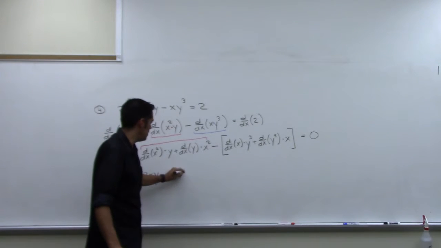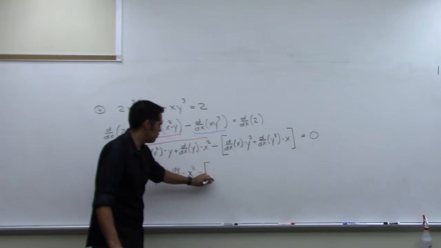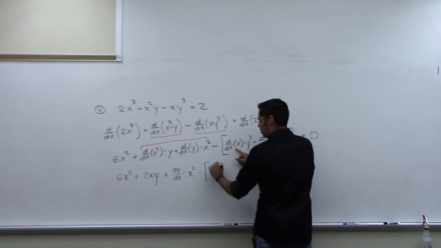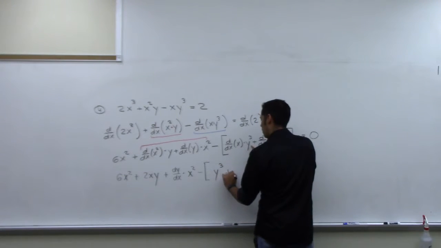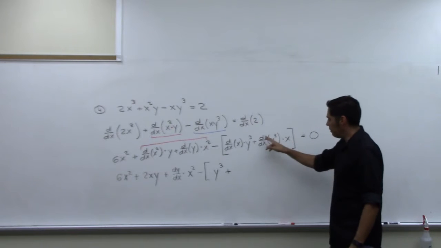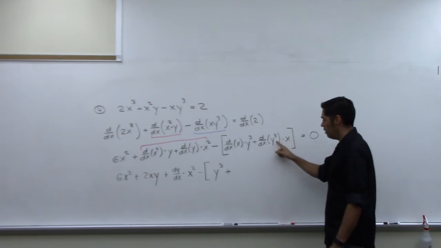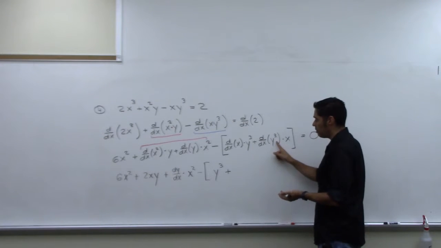But then still times x squared, then minus, in this bracket, the derivative of x with respect to x, that's just 1, but then times y cubed, so I'm just going to put y cubed, plus, now, the derivative with respect to x of y cubed, there's no x's in here. So we're going to do the power rule, but we also have to remember to do the chain rule because we're assuming y depends on x.